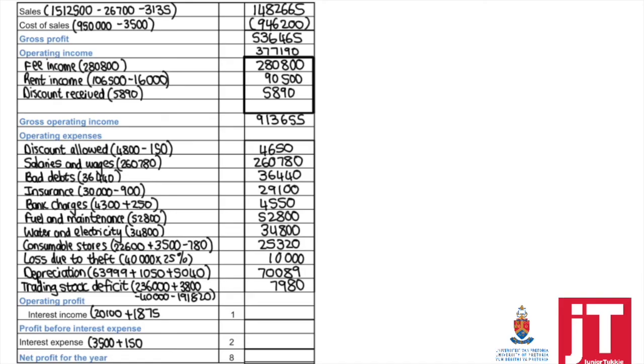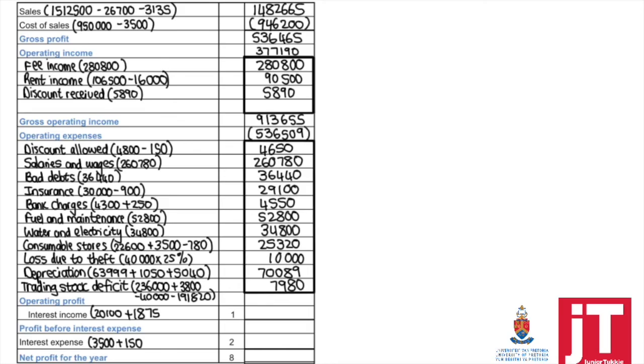But if there were no adjustment to those figures, we forget to include them in our financial statements. So to avoid that, make sure step number 1, figures from the pre-adjustment, easy marks to get. Step number 2, go to the adjustments. Then the third step, calculate the final figures.